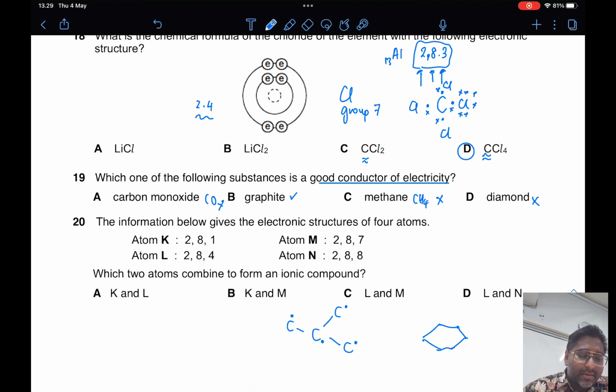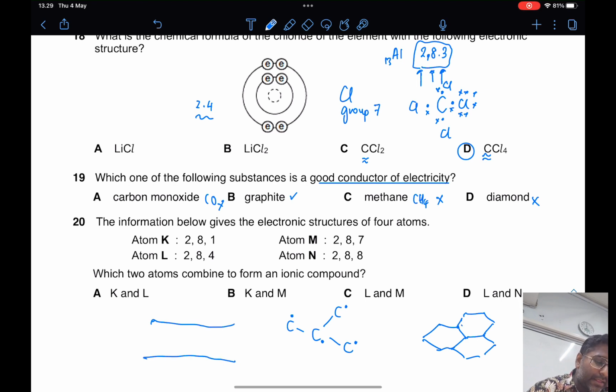They are arranged in a hexagonal layer, and it repeats and repeats. In this giant structure, there is 1 layer and then another layer.